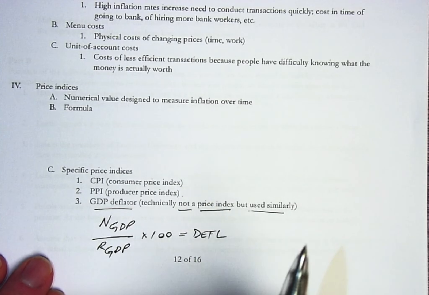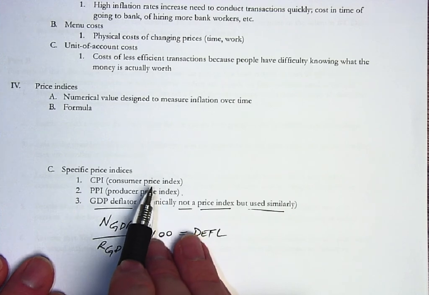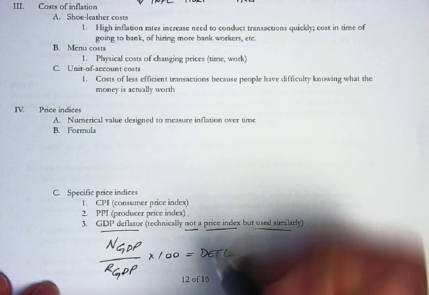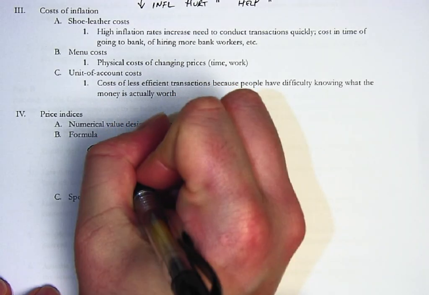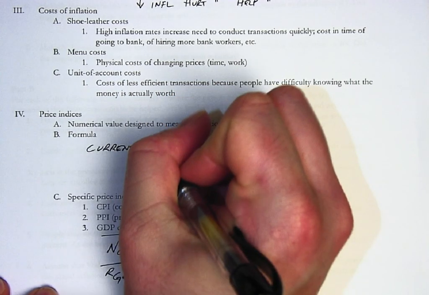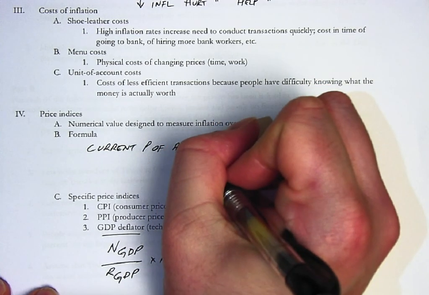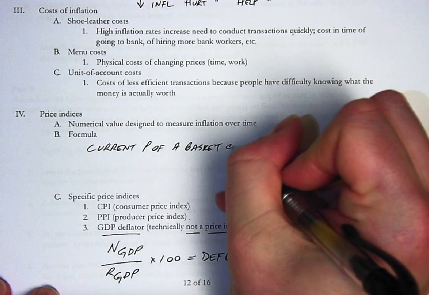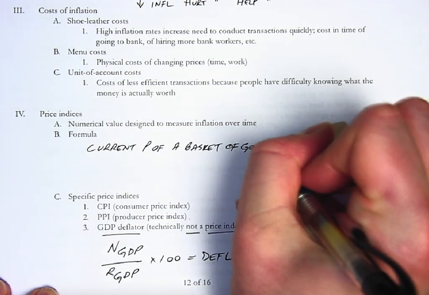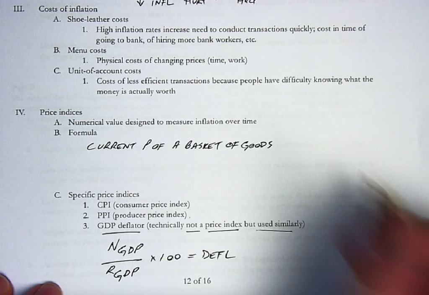There's another one for producers, and these are indexes, and they're created pretty simply, in fact. The way they create them is they say, what's the current prices of a basket of stuff? And we're going to say a basket of goods. And I think about a basket literally like a shopping cart, right? A shopping cart of goods.